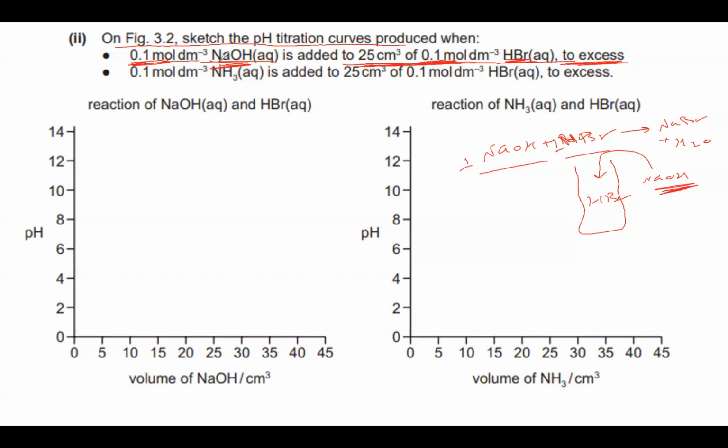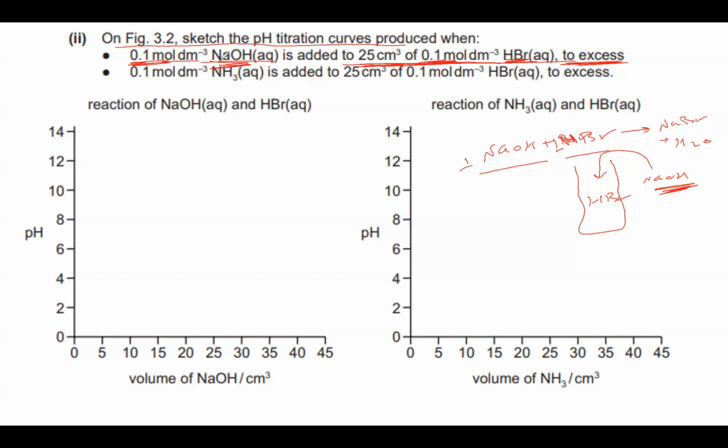I mean, the reaction will end at 25 centimeter cubic. When we add 25 centimeter cubic of NaOH, it reacts completely with HBr, so no HBr is found in the solution. Let's prove that, okay?